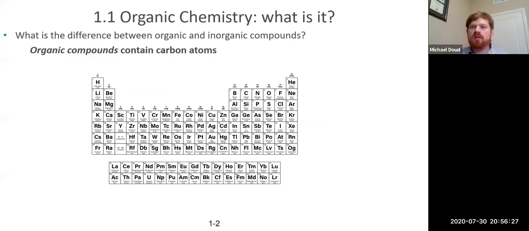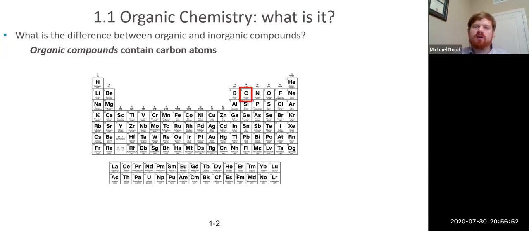So, talking now about modern chemistry, we have organic chemistry and inorganic chemistry as two separate branches on the chemistry tree. There's also physical chemistry, analytical chemistry, and biochemistry, but we're focusing on the study of different compounds. Organic compounds contain carbon atoms, and that's where we want to start. Usually we have a chain of carbon atoms.